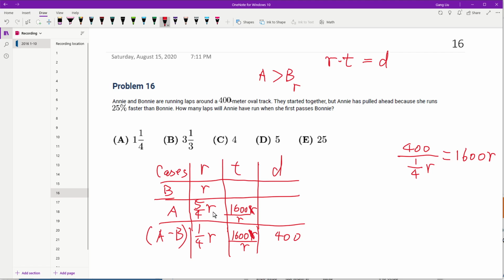And so basically, when we multiply those two numbers together, R will cancel, and this is going to be 400, and then that's going to be 2000. So Annie would run 2000 meters when she passed Bonnie, and so that's 5 laps.